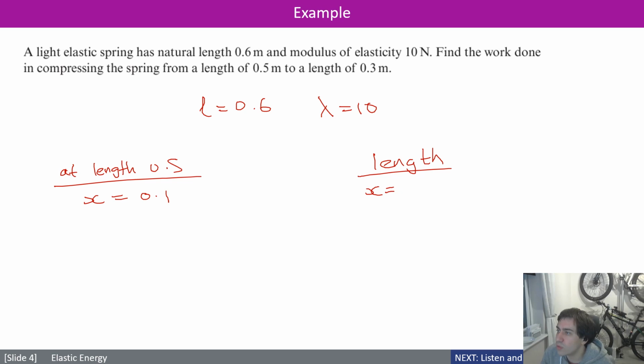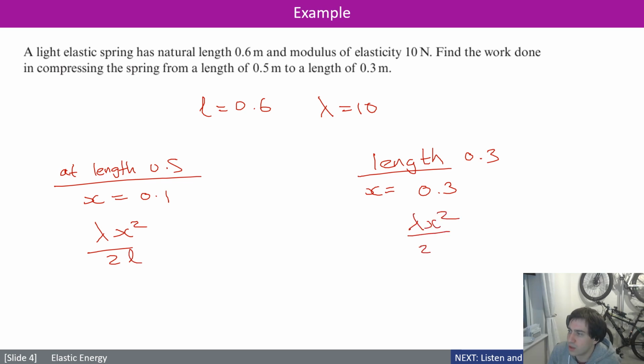And then to a length of 0.3, we've got an x of 0.3. So then we need to find lambda x squared over 2l, and again here lambda x squared over 2l. But remember, the x's are going to be different for each of these two cases.